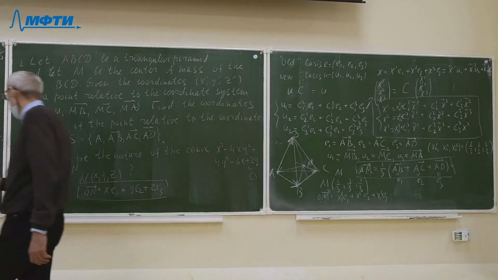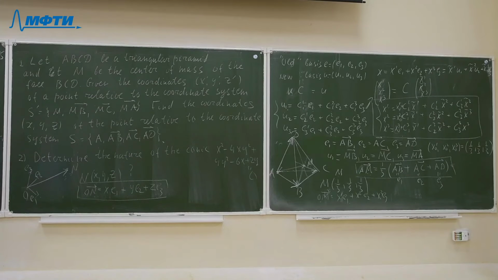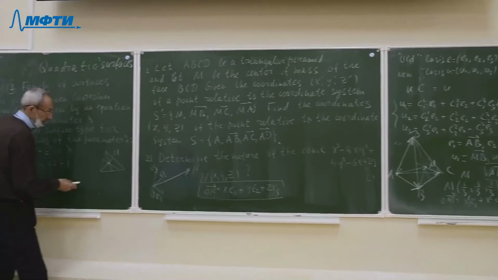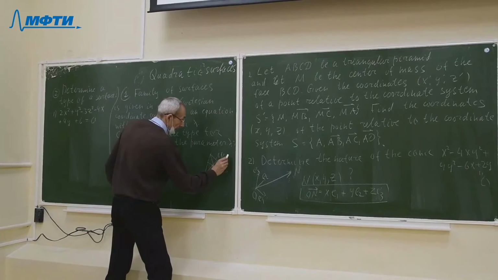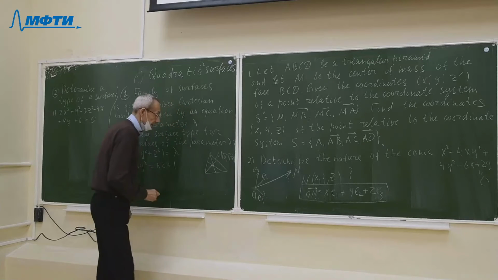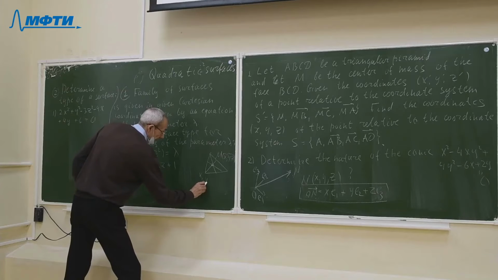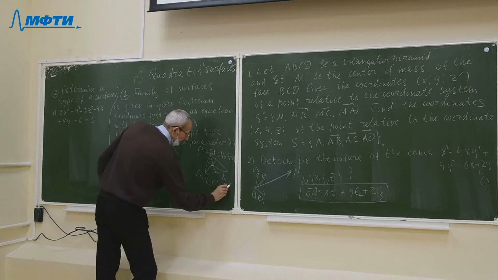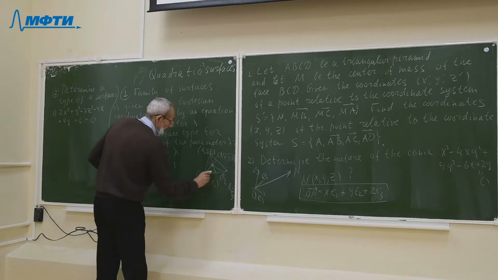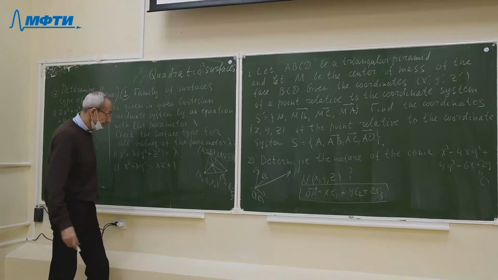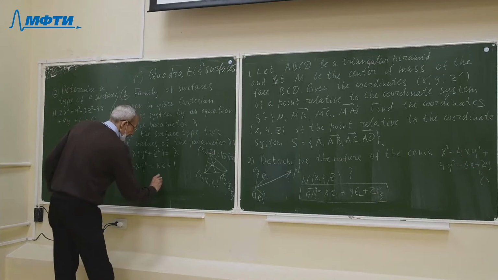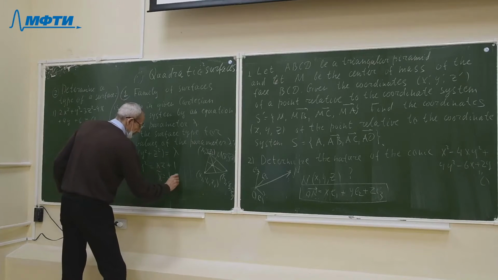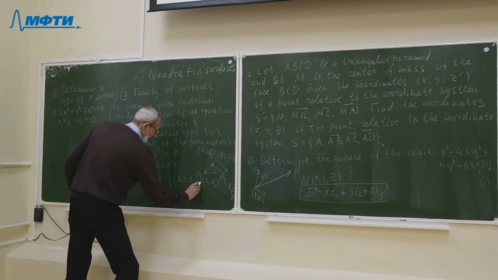This fact is true for any point of intersection of the medians in an arbitrary triangle. If M is the intersection point of the medians, and x1, y1, z1, x2, y2, z2, x3, y3, z3 are the coordinates of the vertices of this triangle, then the coordinate x prime is equal to one third of x1 plus x2 plus x3, and so on.